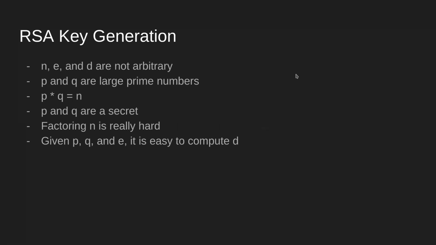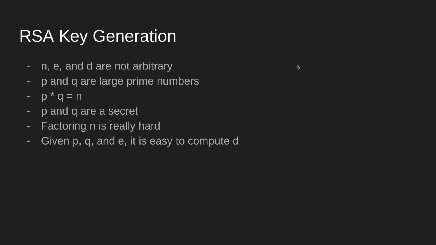So I've been throwing around N, E, and D. You can't just take any numbers and make this work. There are some particular properties that the numbers have to have and relationships that they have to have with each other. The big thing about RSA is that you generate two large primes, P and Q, and then N is the product of those two primes.